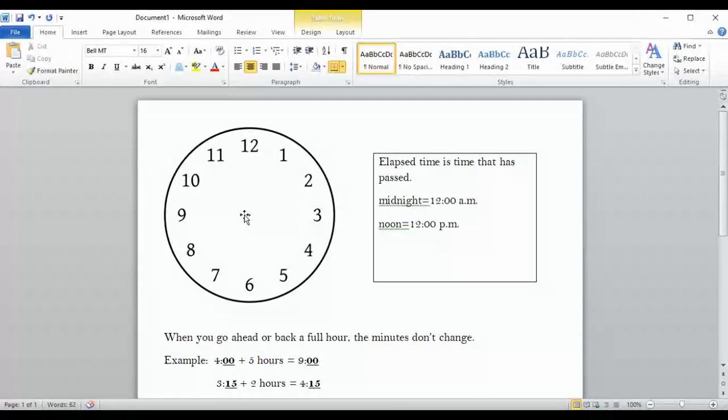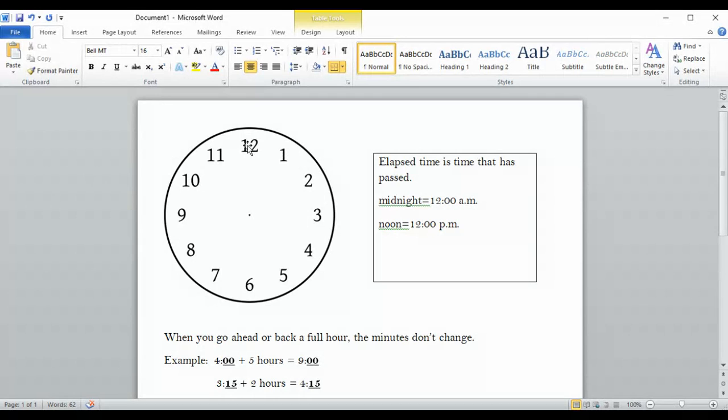And remember, on an analog clock, the shorter hand is the hour hand and the longer hand is the minute hand. Remember that the distance between each number accounts for 5 minutes. And then the distance around the clock is a total of 60 minutes.